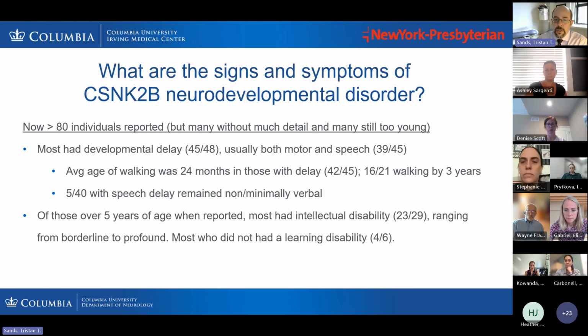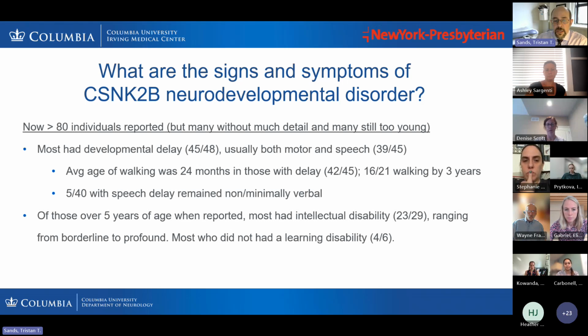It was pretty infrequent for people to be walking. This is true across the board. When you look at motor development, the longer it takes you to do something, the less likely you are to do it. And so patients typically were walking by 5 years or not walking.